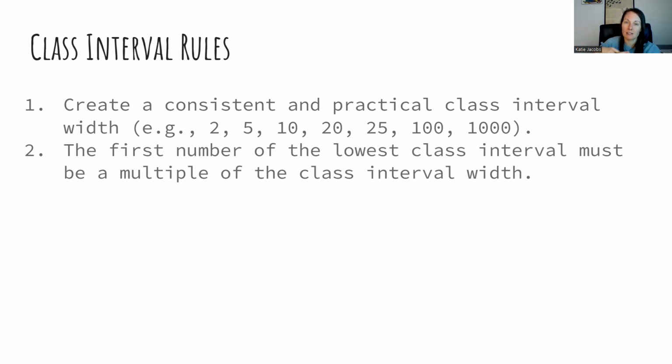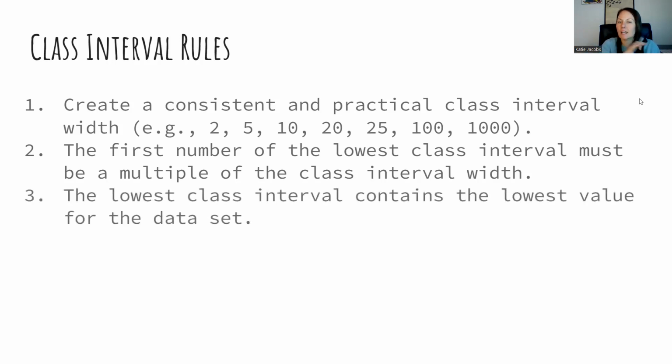I know this is an example and the math might not work out, so don't hold me to this, but if we had a class interval width of 5, 20 would be okay starting out our class interval because 20 is a multiple of 5. So it's likely that that class interval would be 20 to 24. Then we have 25 to 29, 30 to 34, 35 to 39, and so forth, if that ended up working out after I teach you all these rules.